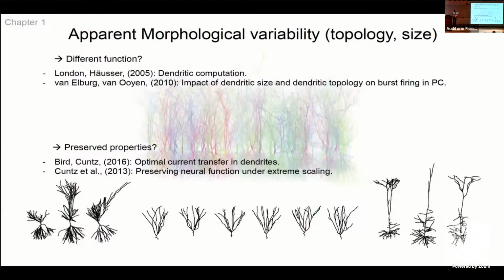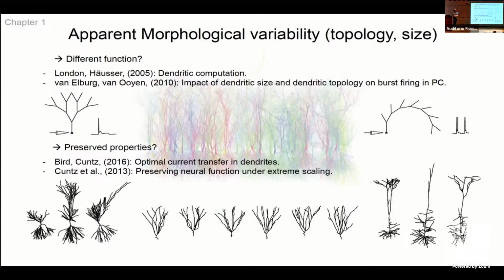The size is different. You can have very small ones like the granule cells. You can have very big ones like these pyramidal cells here on the side. And it is quite intuitive to think, okay, the different shape transfers into different functions. And to a certain degree, that is correct. So here's an example.